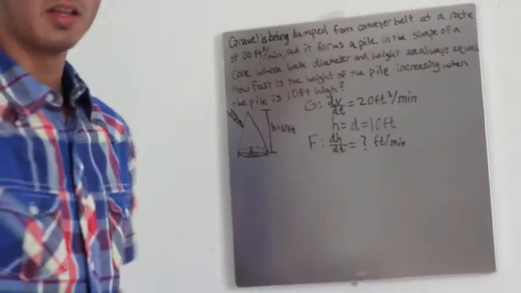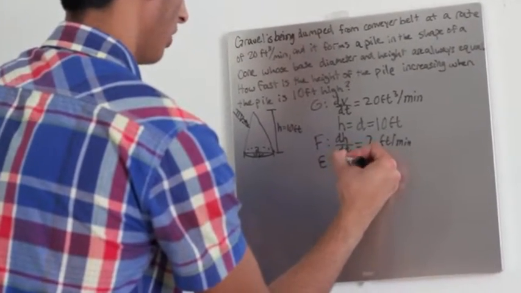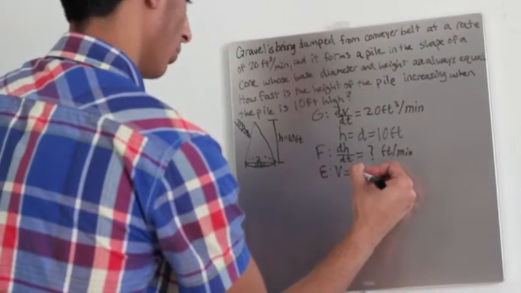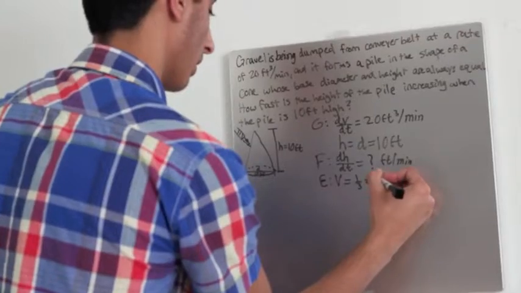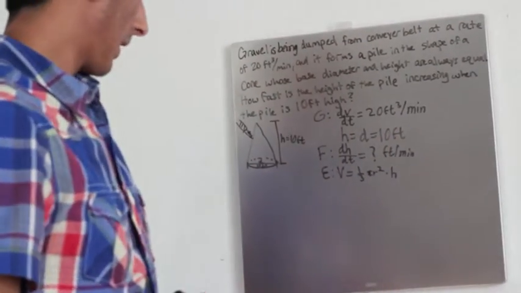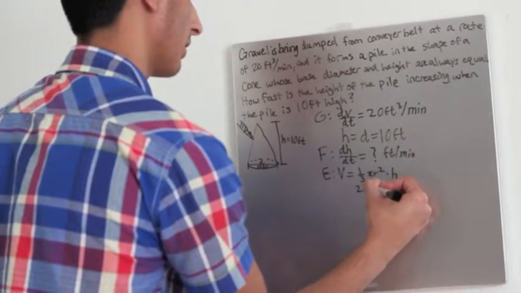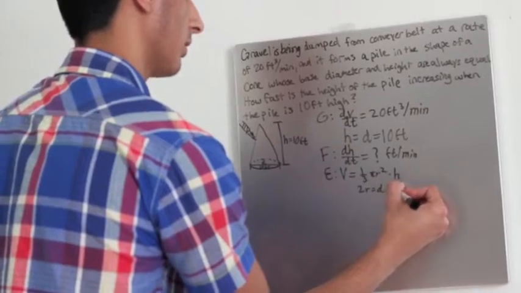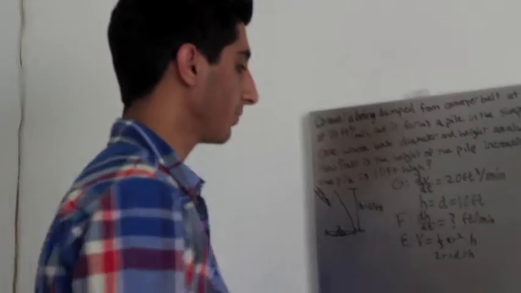Okay? Now the equation we're going to use is volume equals 1/3 pi r squared times the height. And since 2 times the radius equals the diameter, that will equal the height. So we can write this in terms of h, since we have a given h.